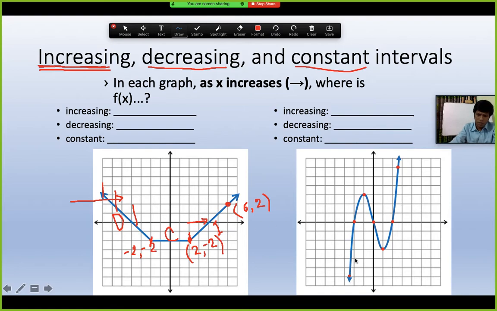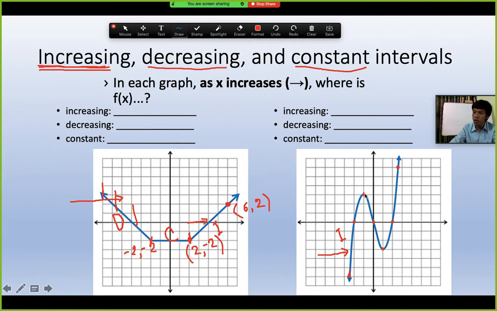Now what is happening here? As I said, the trick is to look from left side to right side. You start from here, and the graph goes up to this point, where it is neither going up nor down. So this part of the graph is increasing.